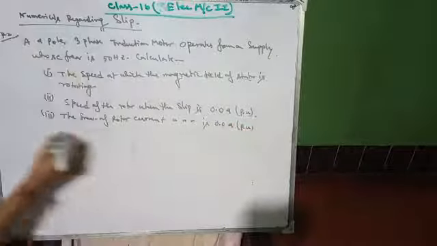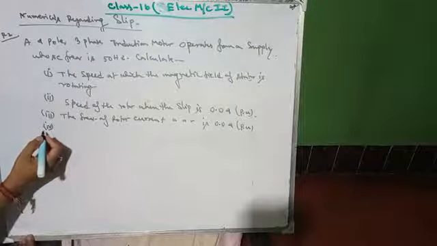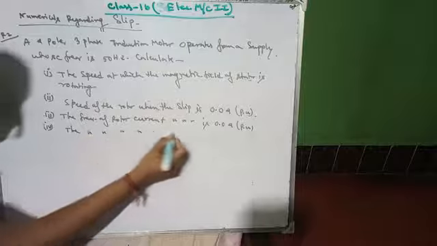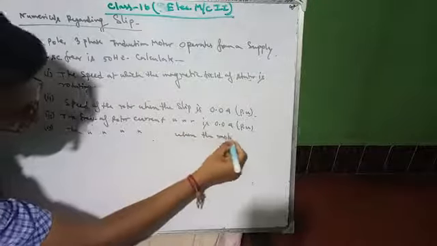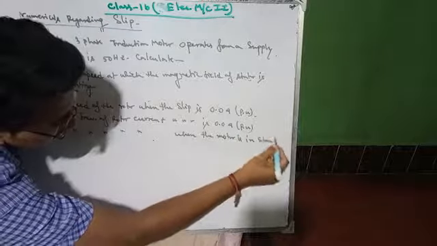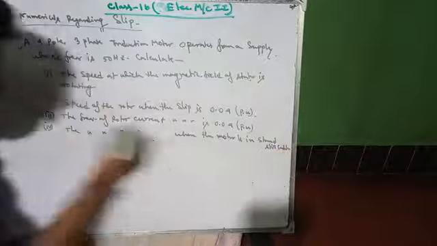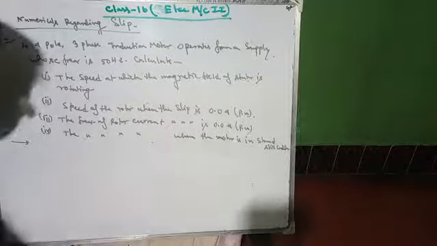That is for this case. And fourth case, the frequency of the rotor current when the motor is in standstill condition. Okay, so you have to perform these 4 questions.